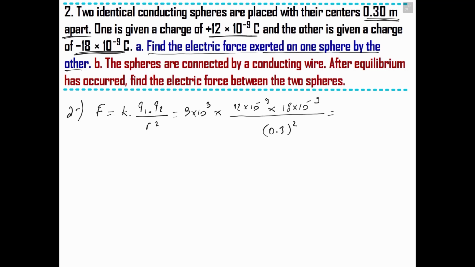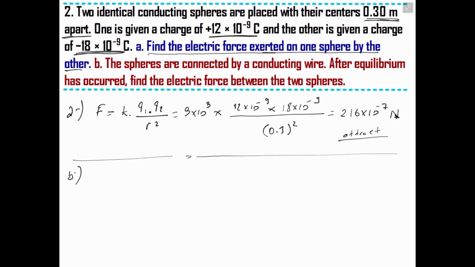When you do this calculation, you will get 216 times 10 to negative 7 Newton. That force is towards each other, so it is attractive. They attract each other. This is the A.